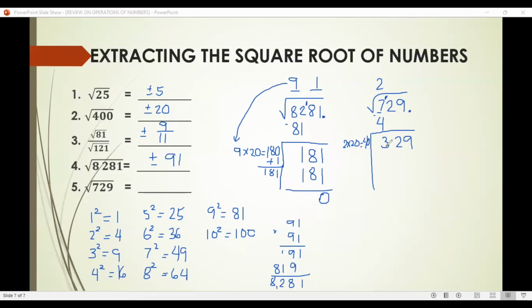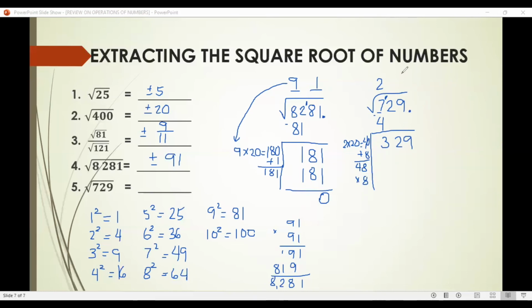So dividing 329 by 40, the answer that you will get there is 8. So you can try 8 first, because that's the answer that we are getting. But take note that if I have 40 plus 8, the number that we get here is 48. There is a need for us to multiply this by 8, right?